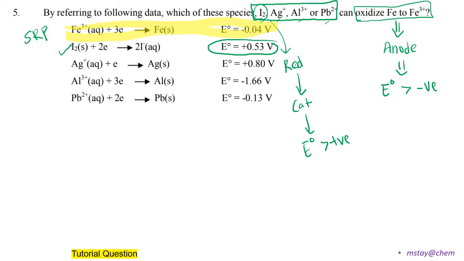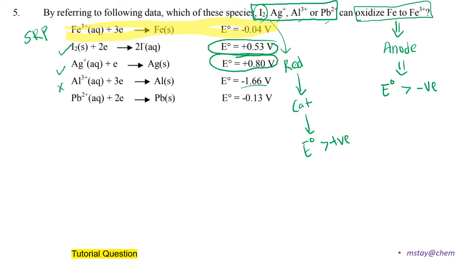Silver also can oxidize. Ag plus also can oxidize Fe to Fe3 plus because the value is positive. While aluminium is negative 1.66, which is more negative, so it cannot.